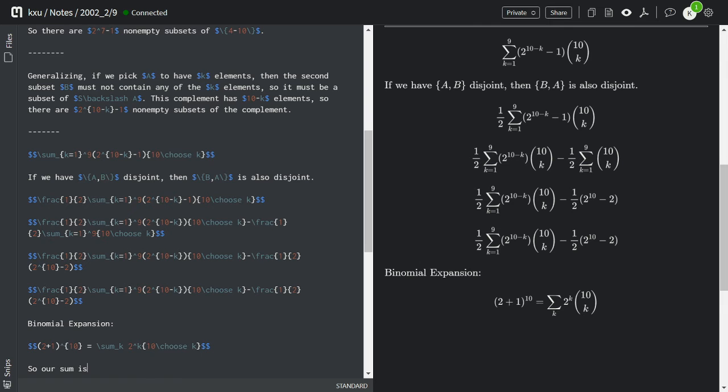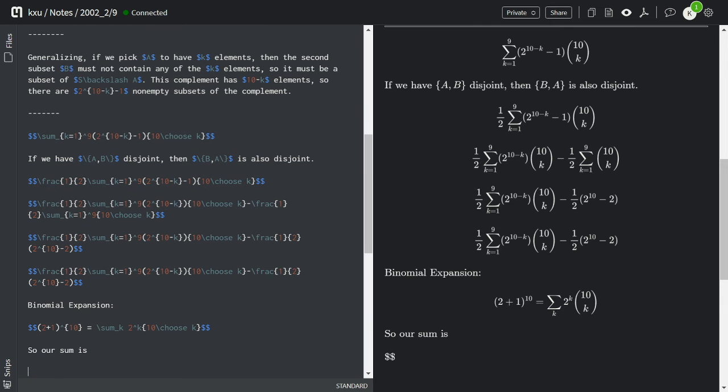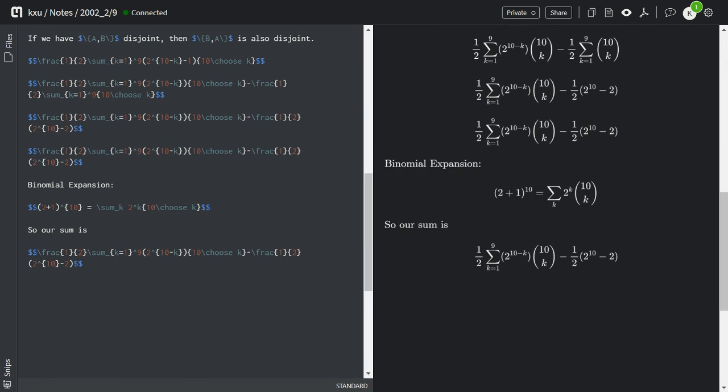So our sum is 1/2 of 2 plus 1 to the 10. And I don't think that's it because that's assuming all k, which includes k equals 0 and k equals 10 as well.